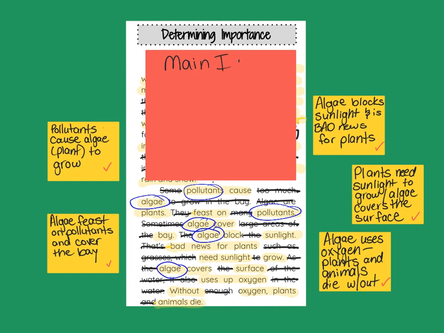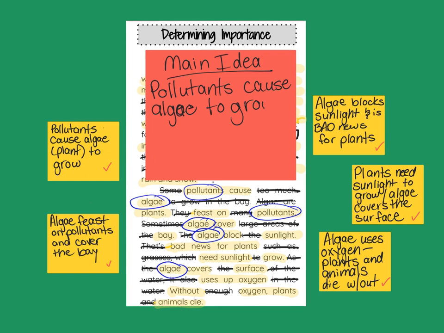So I'm going to infer that the main idea of this paragraph then is pollutants cause algae to grow, creating a problem for plants and animals.